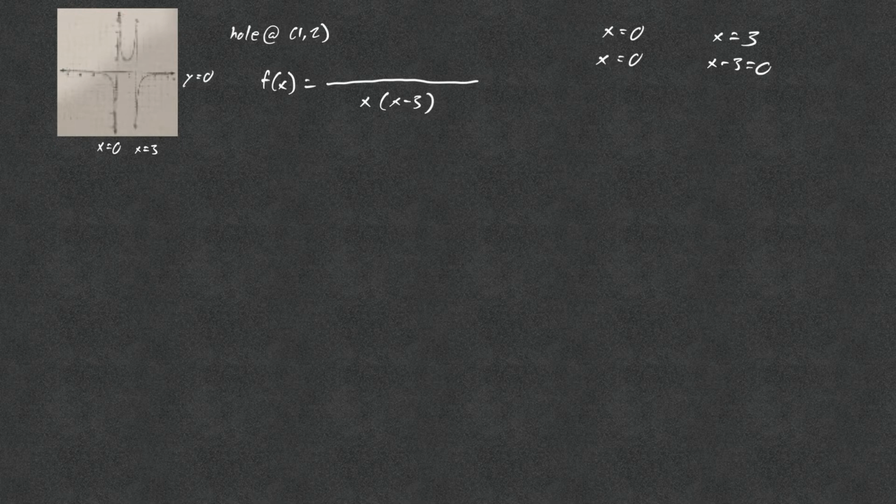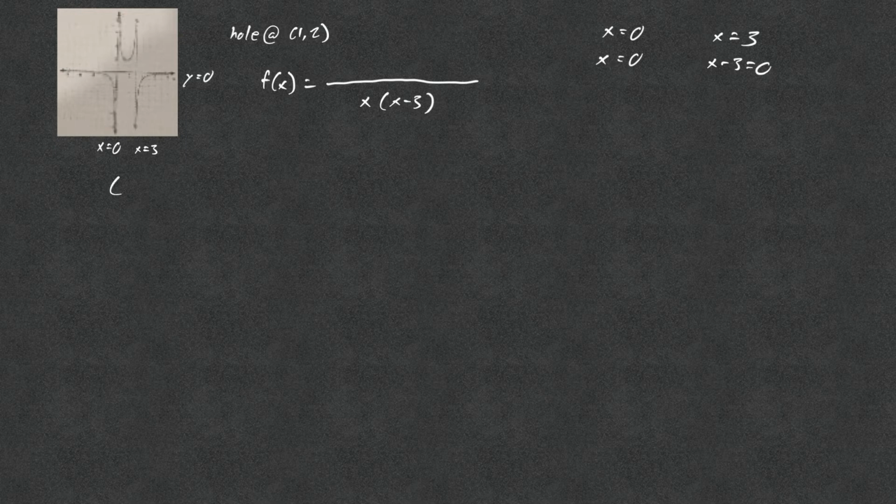The removable discontinuity, also known as a hole, at (1, 2). If you know anything about how holes happen, it happens when we have a rational function where a binomial term on the numerator cancels out another binomial term on the denominator.